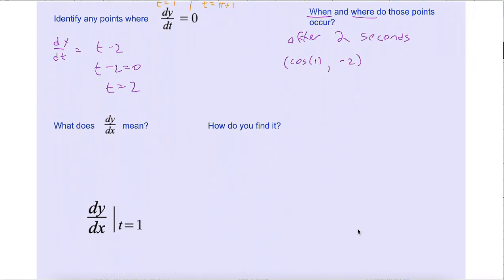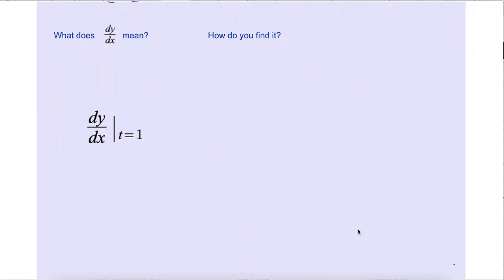Now the trickier part is dy/dx. dy/dx means the same thing it always has, the slope of the tangent line. It's just not really rate of change, so I wouldn't use that term anymore. But the way I'm going to find dy/dx is by finding dy/dt and dividing it by dx/dt.